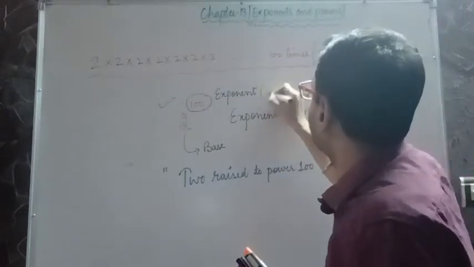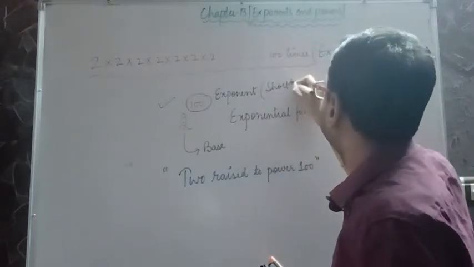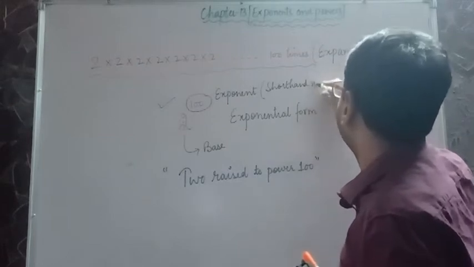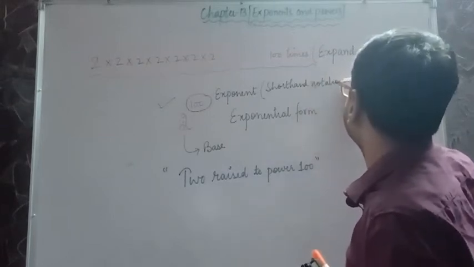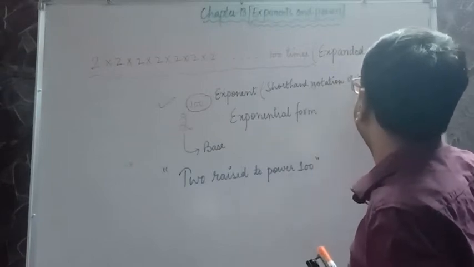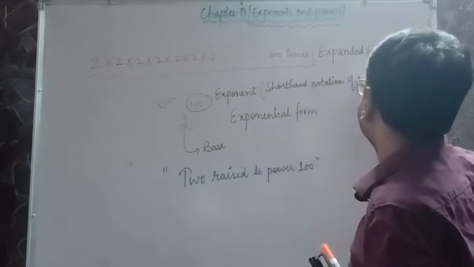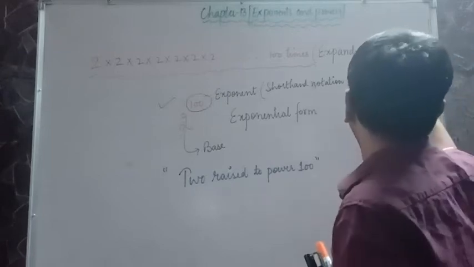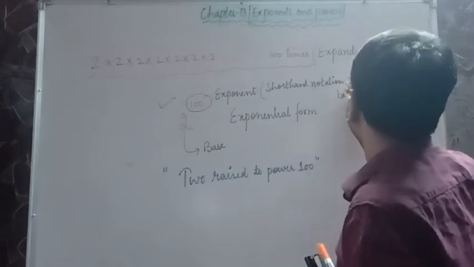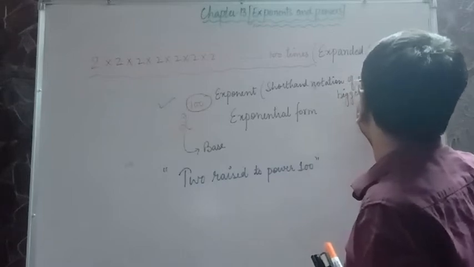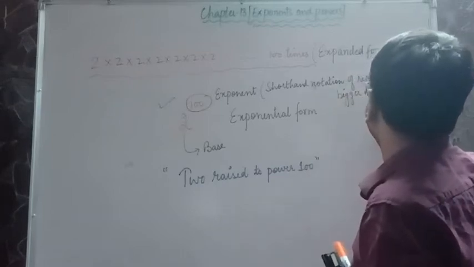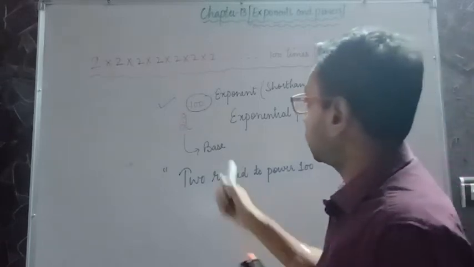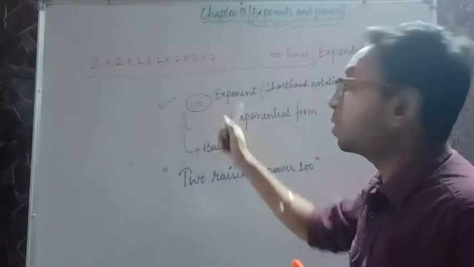Exponent is a shorthand notation of representing numbers. Bigger numbers can be represented in exponential form, and it has two things, base and exponent. So this is called base, this is called exponent.